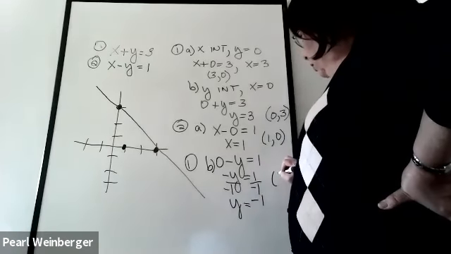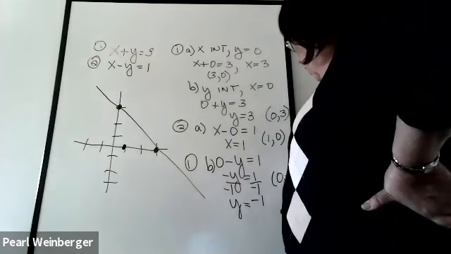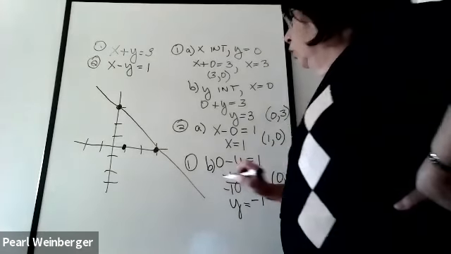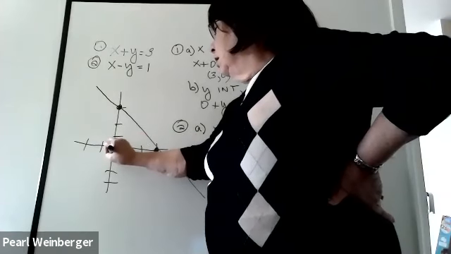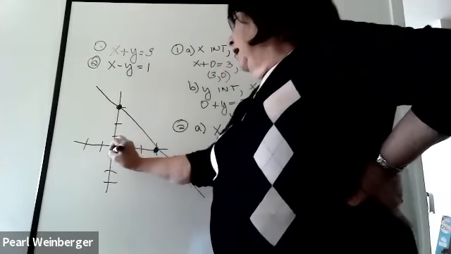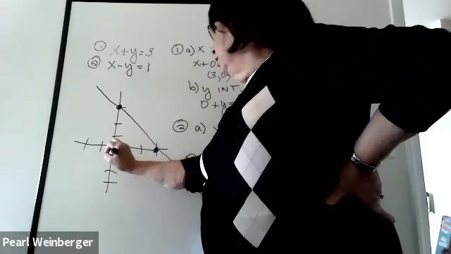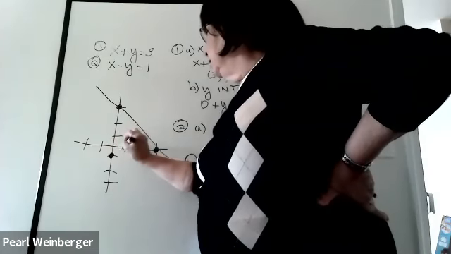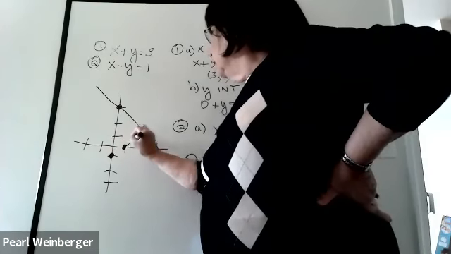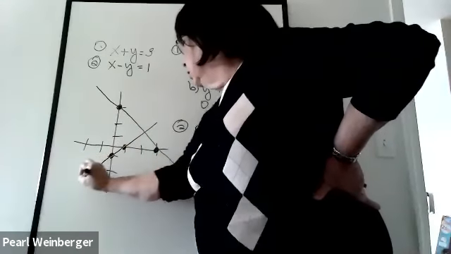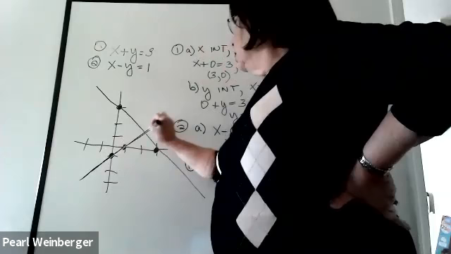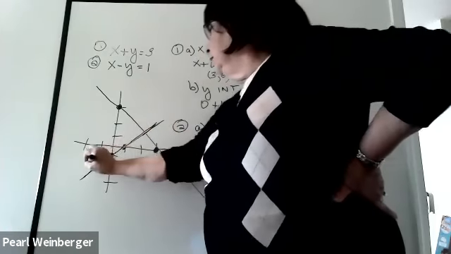In other words, 0, negative 1 is the y-intercept of the second line. And that means that second line is going to look something like this. Here is line number 2.